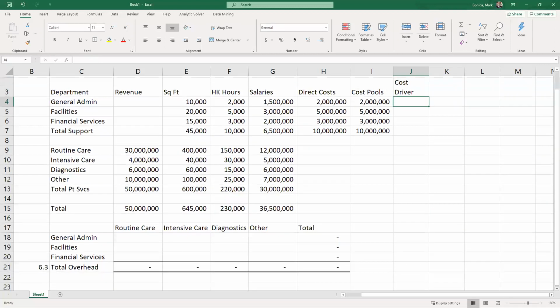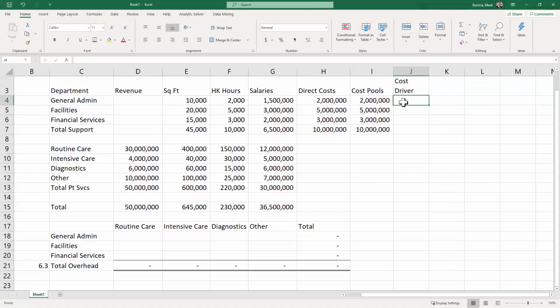We are told that the cost driver for general administration and financial services is patient services revenue. So the cost driver for general administration is going to be equal to the total of patient services revenue.